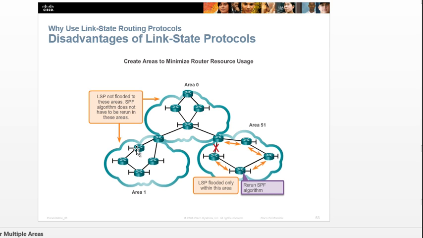So in area 1, these 5 routers are all going to know about each other. But except for this router here between these clouds, as they're showing the areas, this will be the only one that knows about area 0. Basically, the rest of these will just think that their gateway of last resort is this router. And from that, it'll send it out to figure it out.